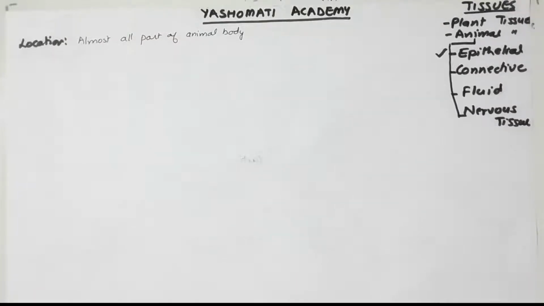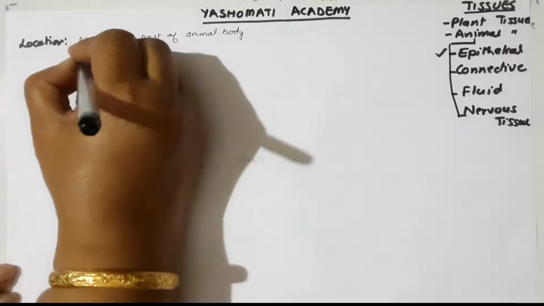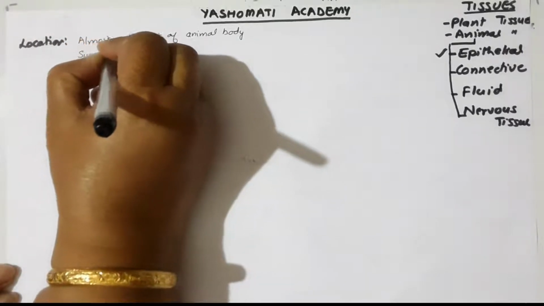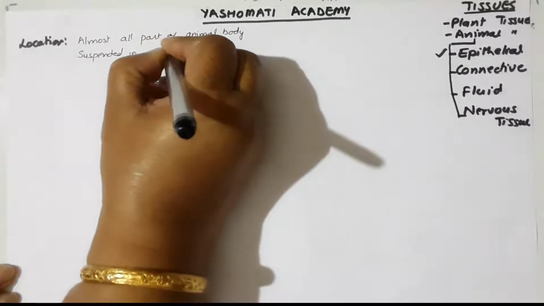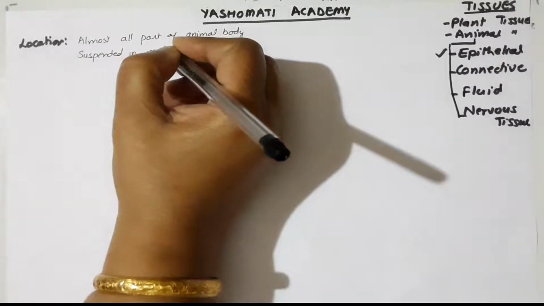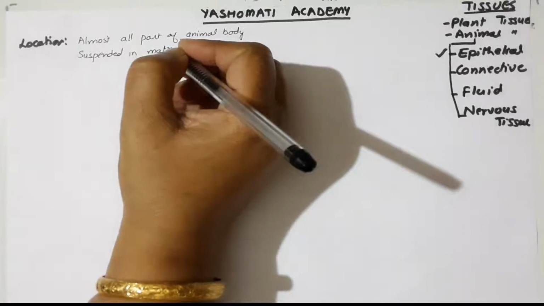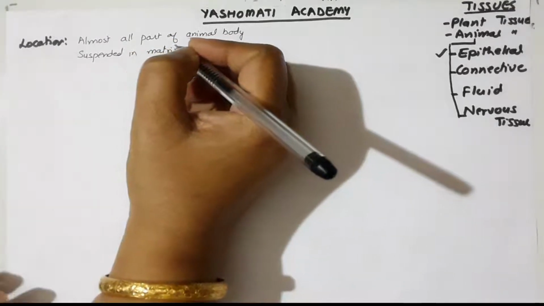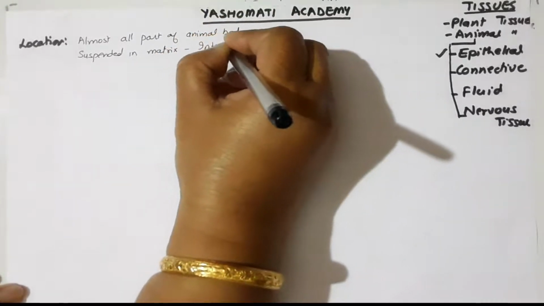And characteristic difference is that cells of connective tissues, they are suspended in matrix. Suspended in matrix means that there is a fluid-like substance which is present in the intercellular spaces.